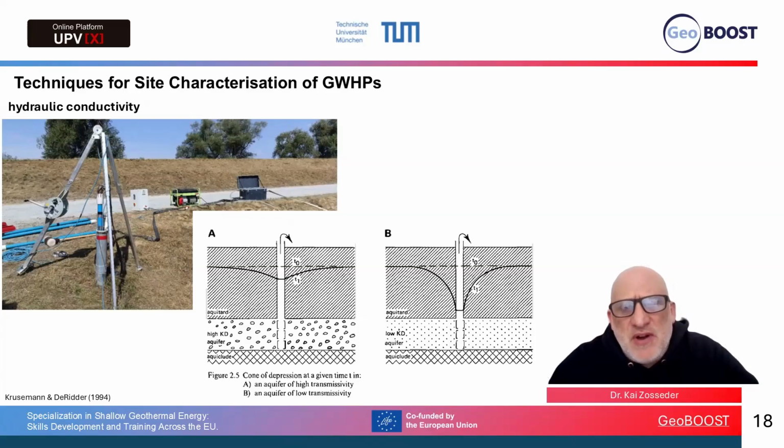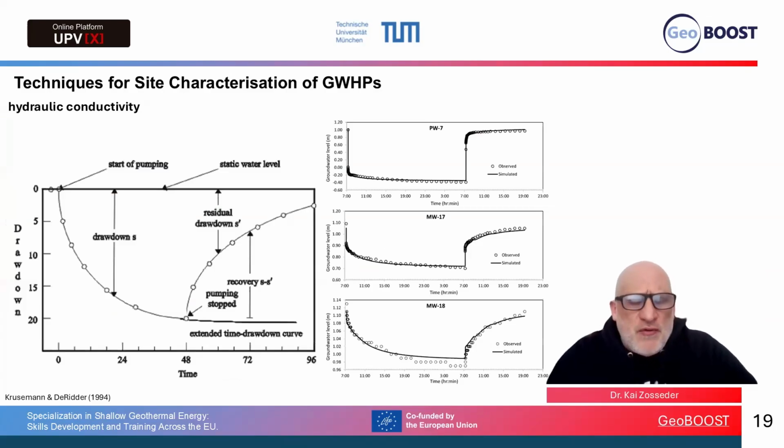If you have a lower hydraulic conductivity, you create a larger drawdown. That's in general the effect we are using. So for the interpretation of pumping well tests, we use, as I said, the so-called pressure curve or drawdown curve.